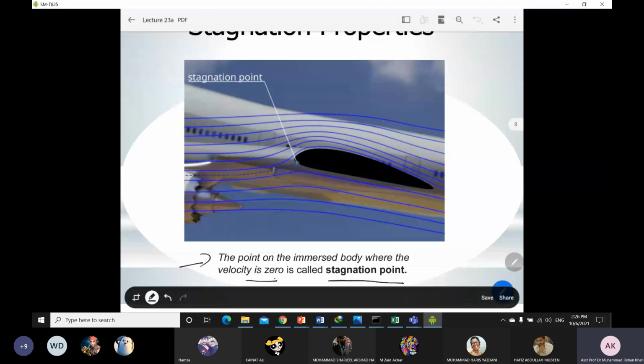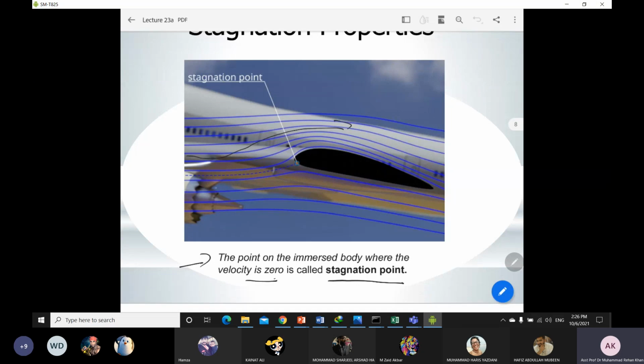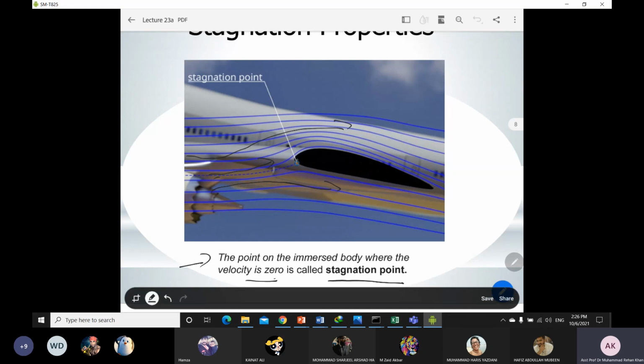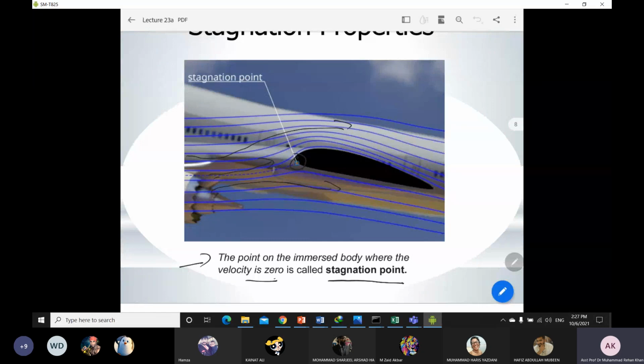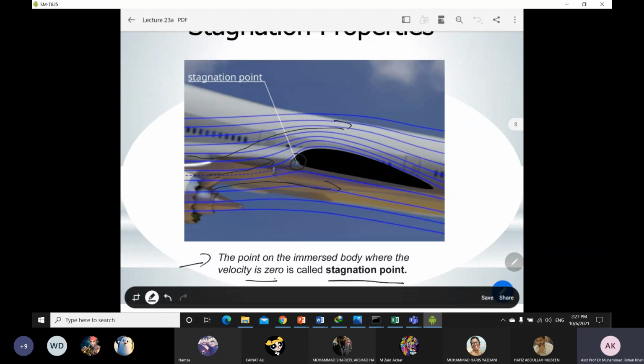For example, if there is an aircraft in this picture, the wing of the aircraft is immersed in air, which is the fluid. At the tip of the wing, or at any point over the wing where the velocity is zero, we call it a stagnation point. And this is the velocity of the air.